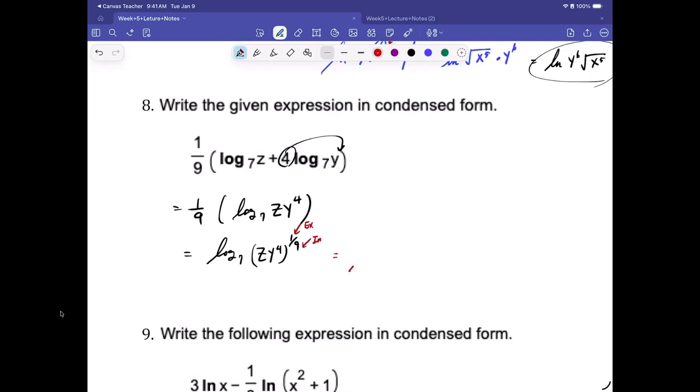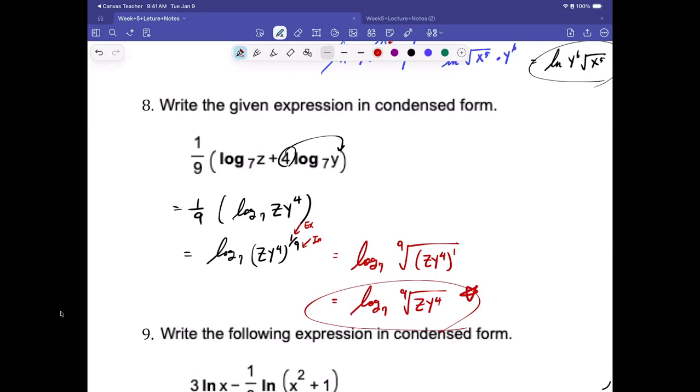So that's why this is log base 7, log 7, and then the 9th root of z y to the fourth raised to 1. So that is just like that. This is 9, sorry, 9.